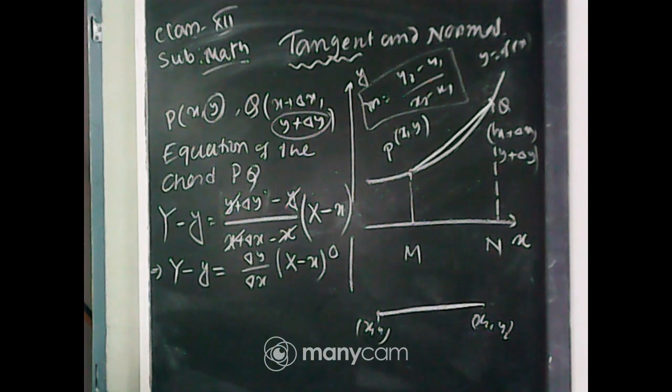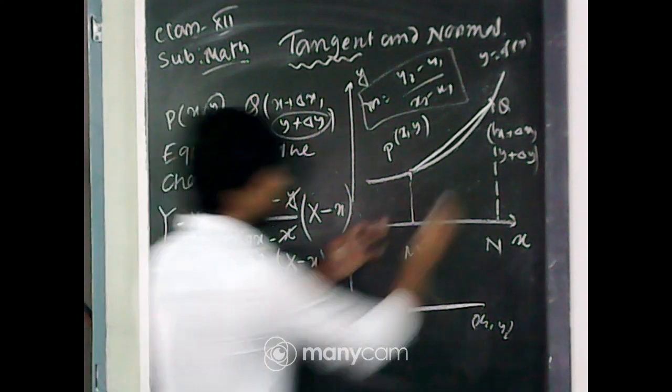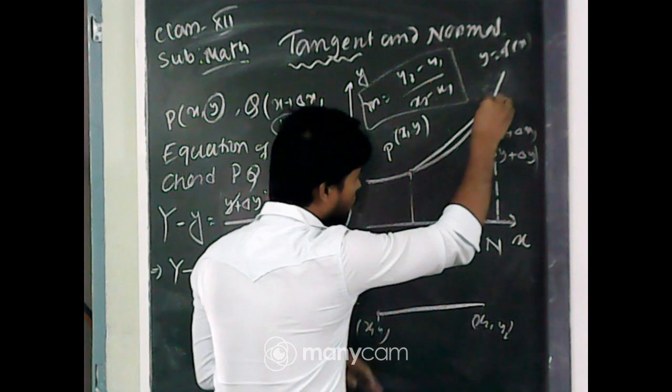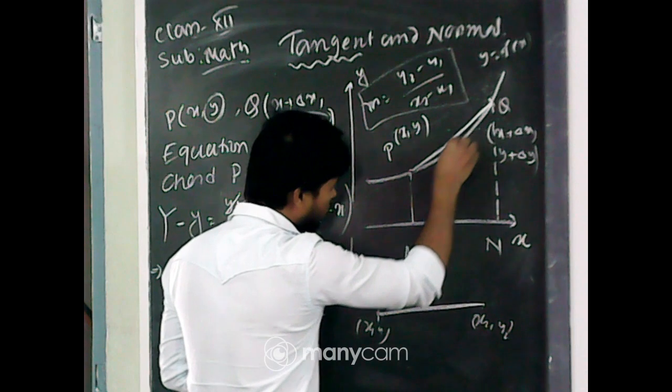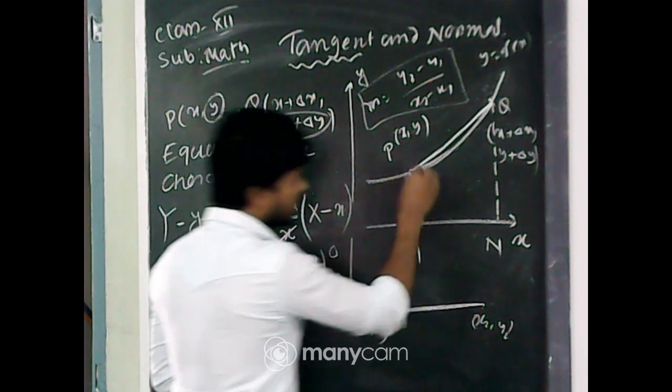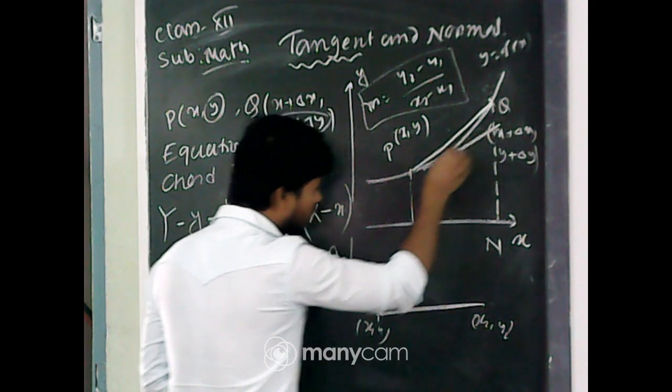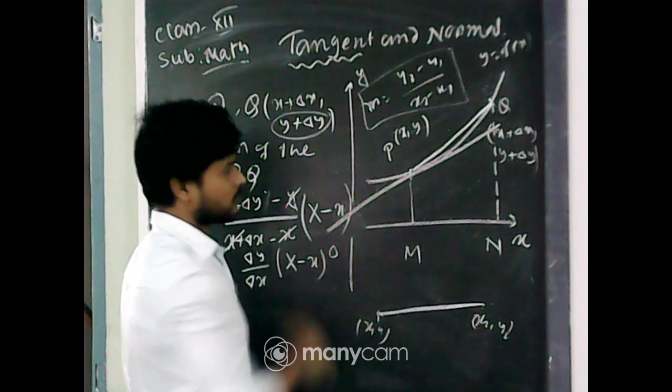Now I told you when this point Q is moved very close to the point P, this chord will be converted into the tangent.